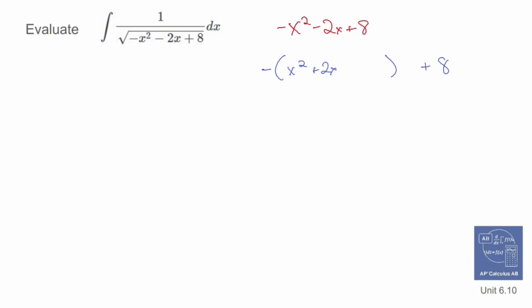Now completing the square, this is going to be tricky, so follow me here. I'm only inside the parentheses right now. If I take half of this, which is 1, square it, which is 1, and add 1 to that, I'm good. Now me adding 1 inside is the same as subtracting 1 in this whole chunk. If I subtract 1 from an expression, the only way to balance it out is to add 1 over here.